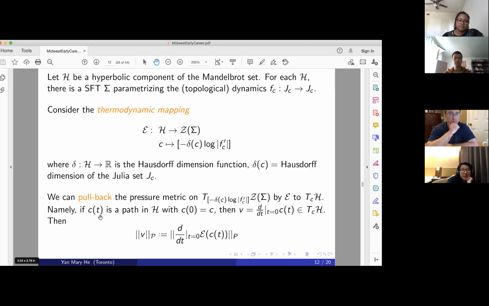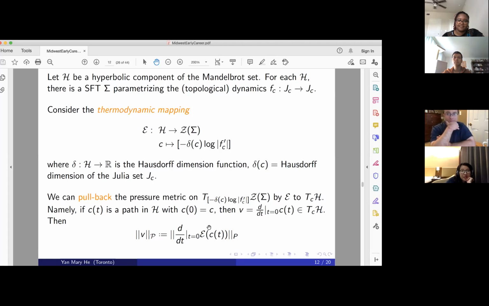So we can basically just define the length of the vector as the length of the image of the vector in Z sigma, right? Because for Z sigma, the pressure metric is well defined, so we can pull back the metric to define a length for a vector in the tangent space in the hyperbolic component. So basically the resulting metric is the pressure metric on the hyperbolic component. Right, so any questions?